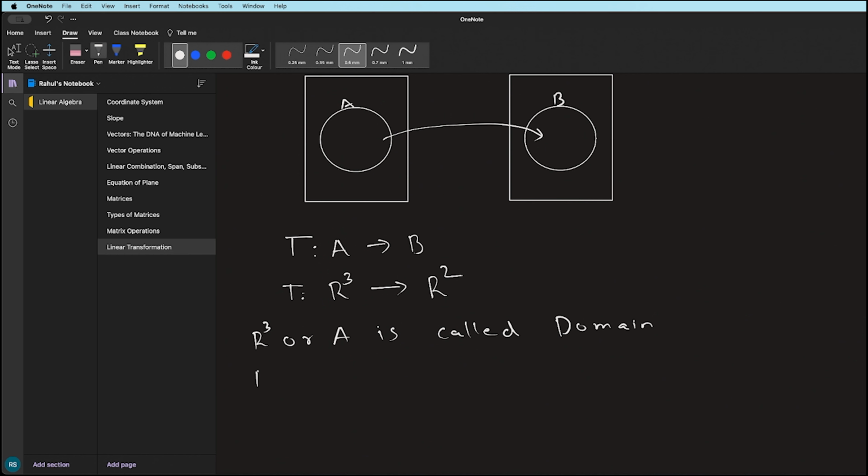Similarly, I can write that this R2 space, or the subset B, is called the subdomain. Sorry, not subdomain. It is the codomain.